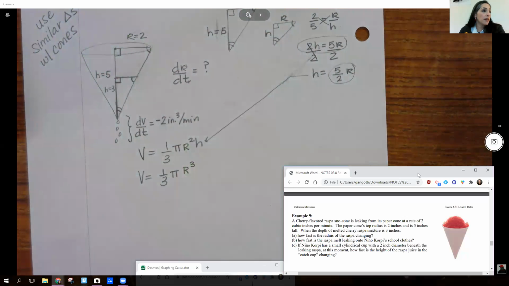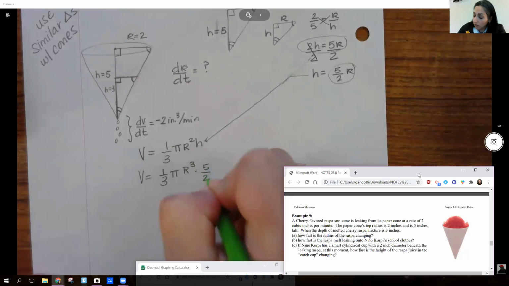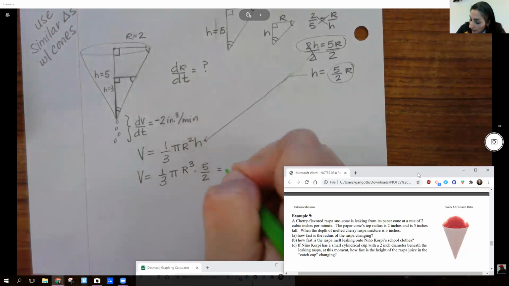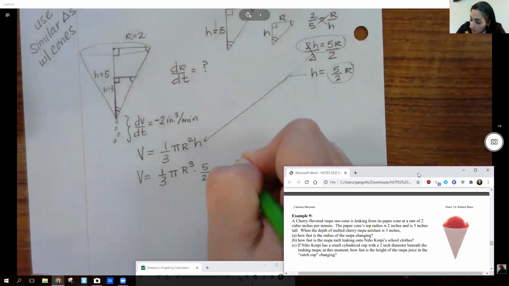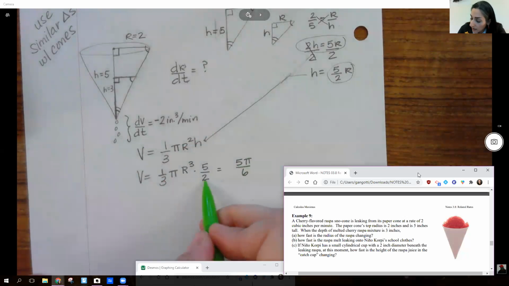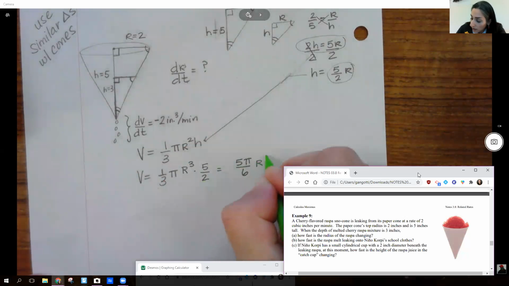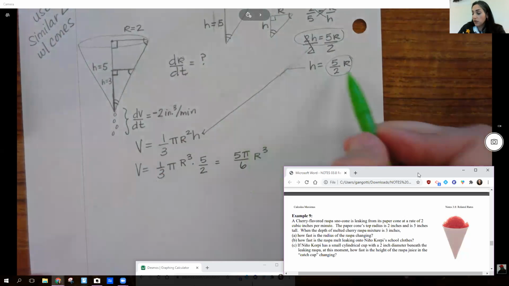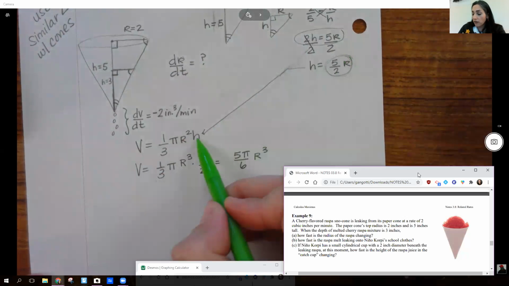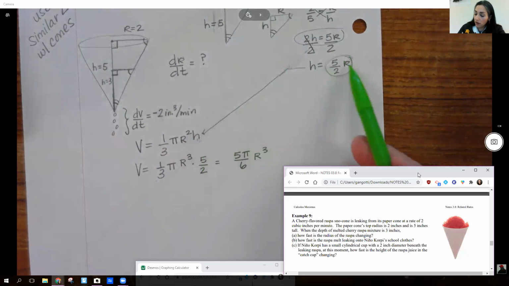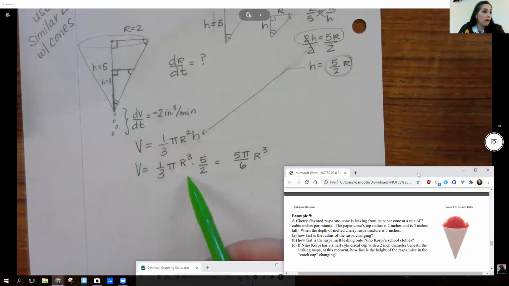What else is going to be there? And a 5/2. And that is going to simplify. That could look a little bit nicer. Let's make that be 5 pi over 6 r cubed. So this 5/2 r turned into that h right there. So the 5/2 came over, another r came over, which made that r cubed.